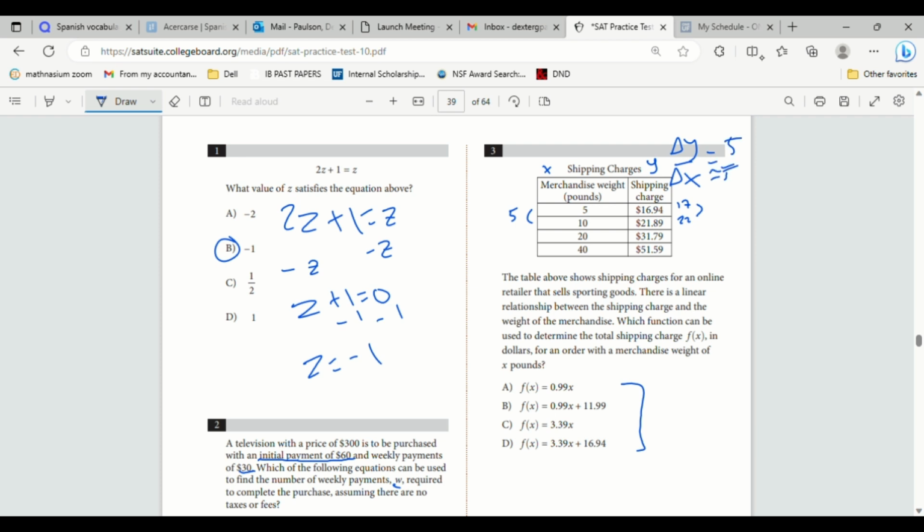So it can't be C or D. And then we know that if we go back down from this 5, we get to 0, which will tell us our y-intercept, or this plus 11.9 or plus 16.94, which means we have to go backward 5 from 17, which is about 12. So it's B, because it's 11.99, which is very close to 12.